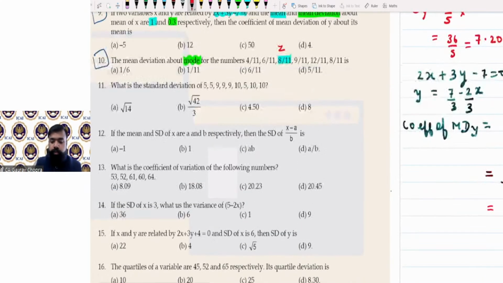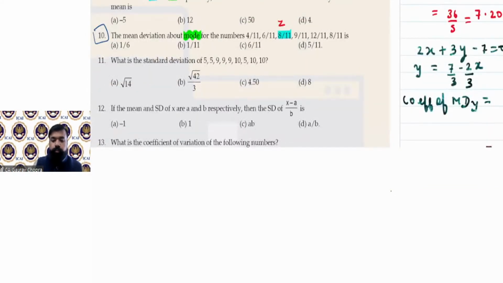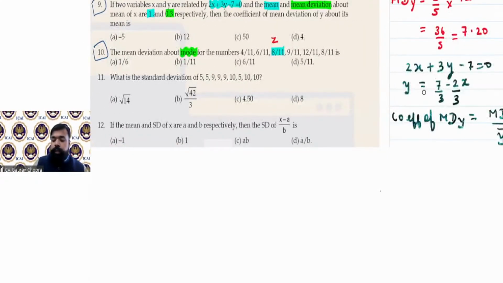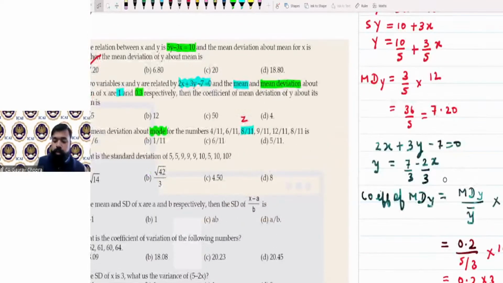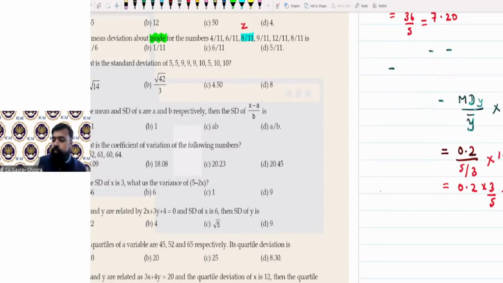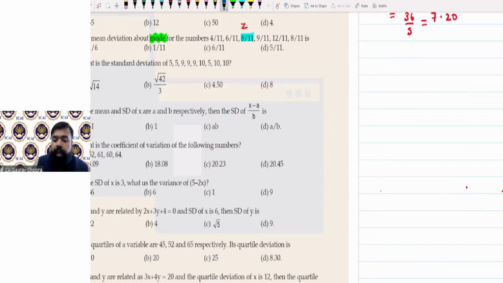So let's do the calculation. So x is 4 by 11, 6 by 11, 8 by 11, 9 by 11, 12 by 11, and at last again 8 by 11.